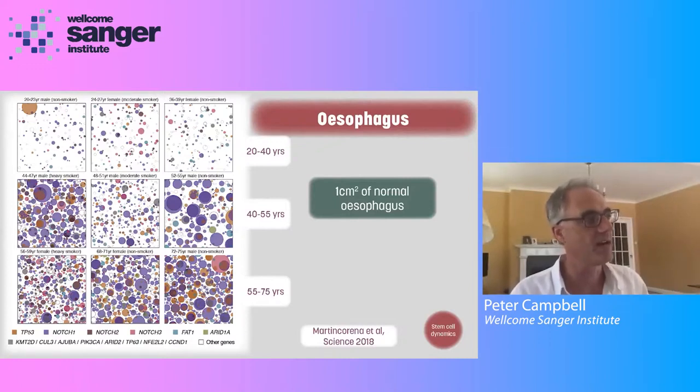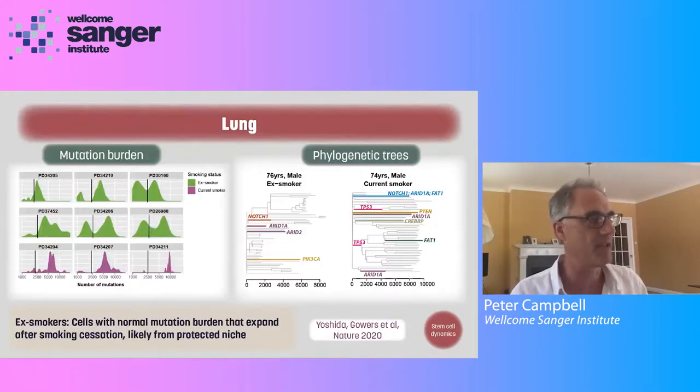Finally, in lung, what we see is that there seem to be 2 populations of cells. So particularly when we look at the setting of smoking, and people who've stopped smoking, what we find is that there are populations of cells that have elevated mutation burden in ex-smokers, and then a population of cells that have normal mutation burden in ex-smokers.